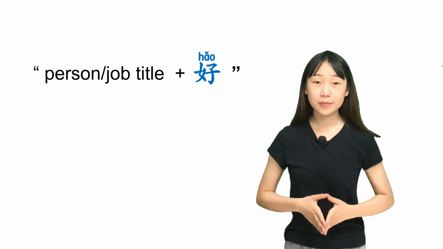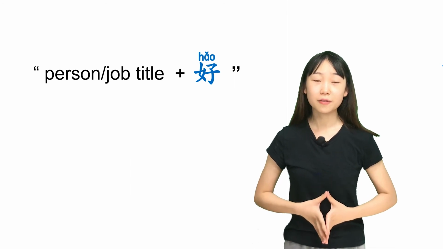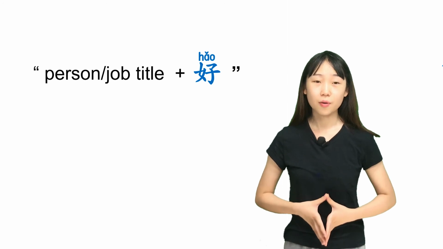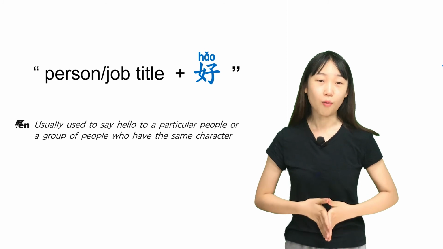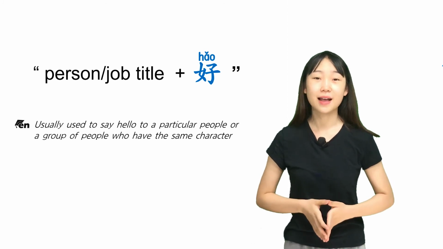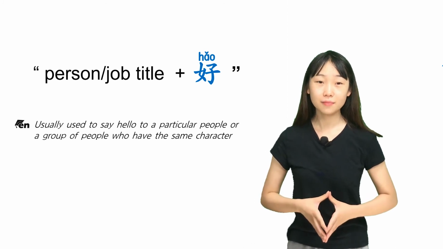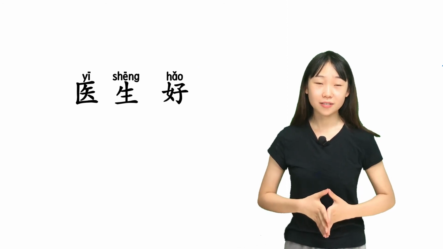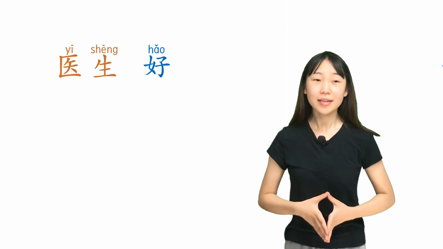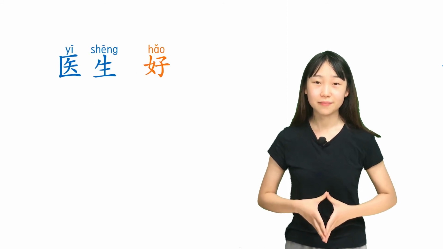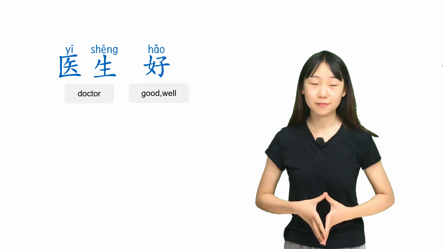So, if we say hello to a particular people or a group of people who have the same job, we can use the structure person or job title plus 好. For example, when we say a doctor, we can say 医生好. 医生 means doctor, which is a job title.